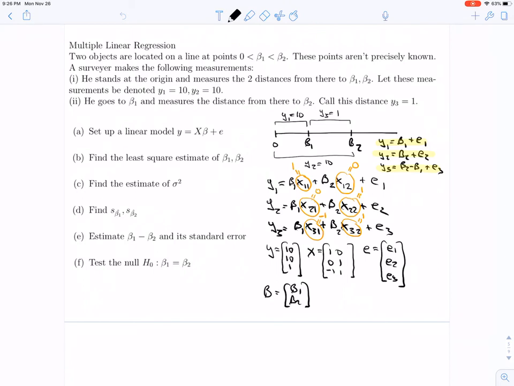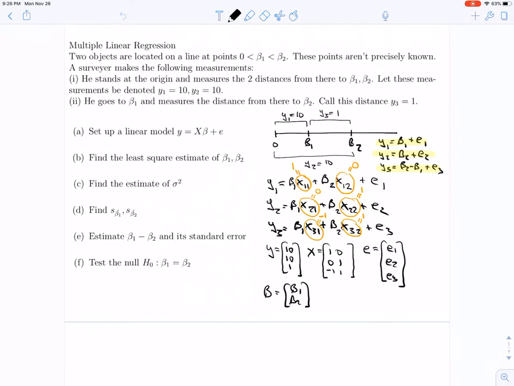Both of them are greater than 0, and we need to estimate these. Okay, we make a linear model. So we'll write y1 is beta 1 plus some error, y2 is beta 2 plus some error, and y3 will be beta 2 minus beta 1 plus some error.